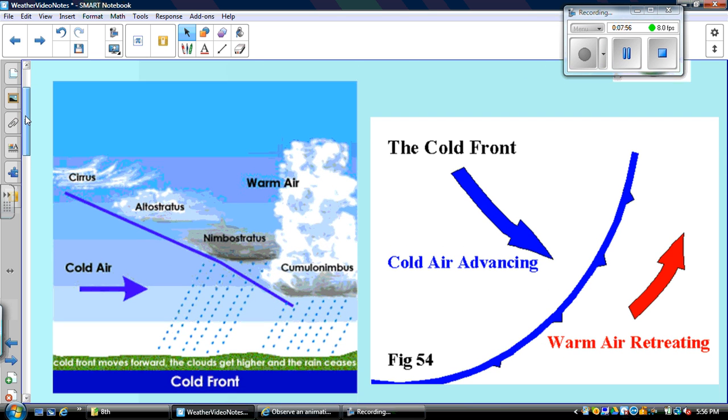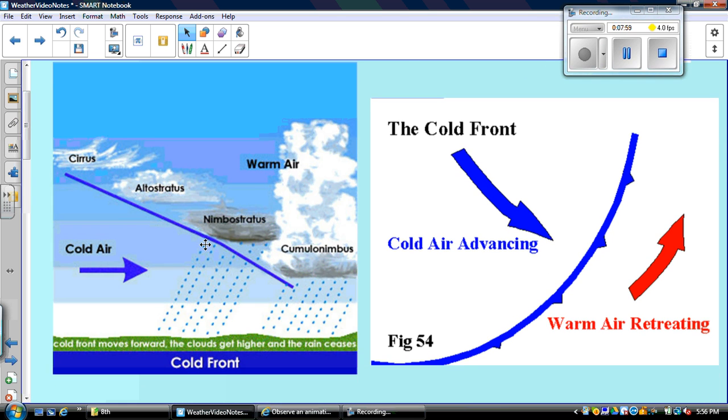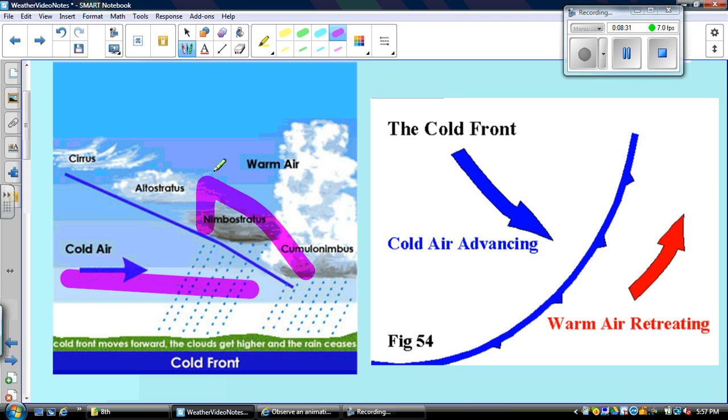Okay, so the first one we're going to look at is a cold front. A cold front is when you have a cold air mass meeting a warm air mass. So it could be a continental polar meeting a continental tropical. What happens is because the cold air is denser than warm air, cold air will actually force the warm air up because cold air is going to come in and push that warm air up, because cold air is more dense and warm air is less dense.